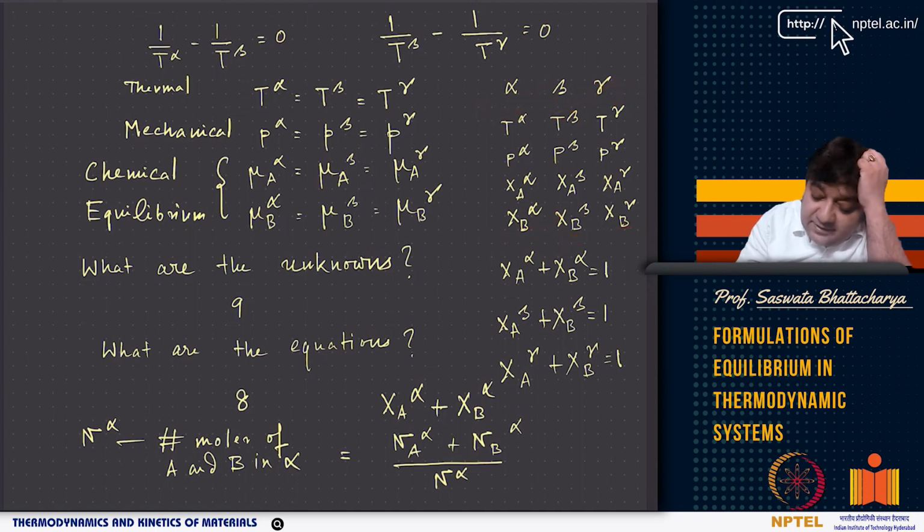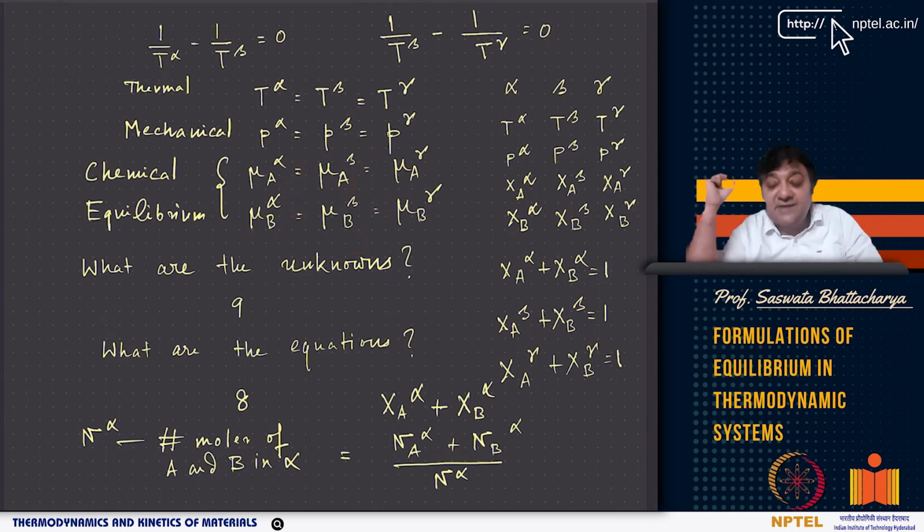Now if you see, if I remove this equation, for the time being, I have 1, 2, 3, 4, 5, 6 equations. I have exactly 6 equations, I have exactly 6 unknowns.